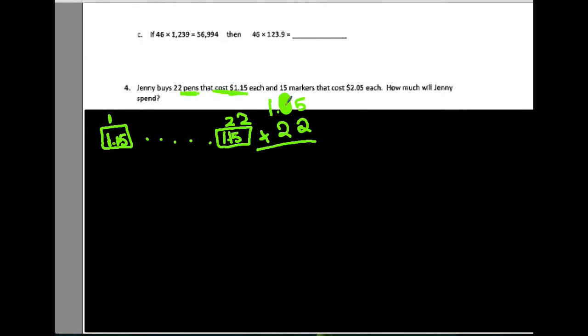That'd be a 1. And 2 times 5 is 10. And 2 times 1 is 2, and you have to add the 1, which will make it 3. And 2 times 1 will be 2.